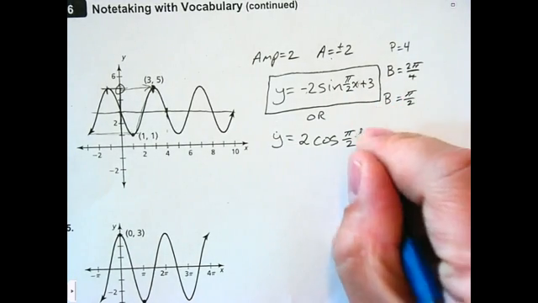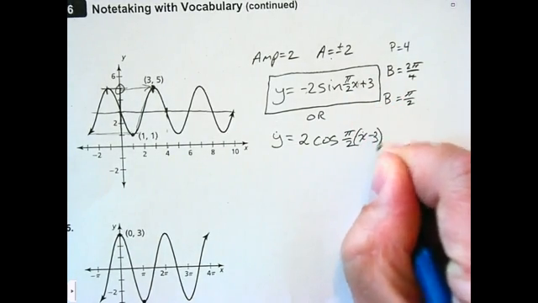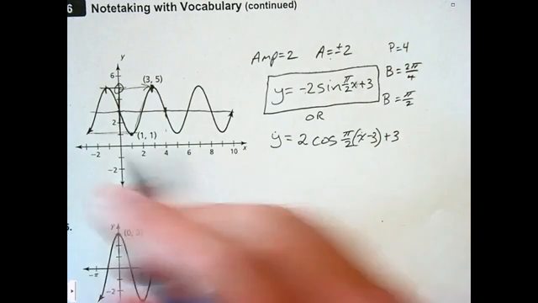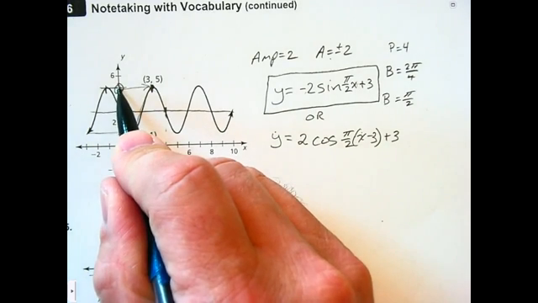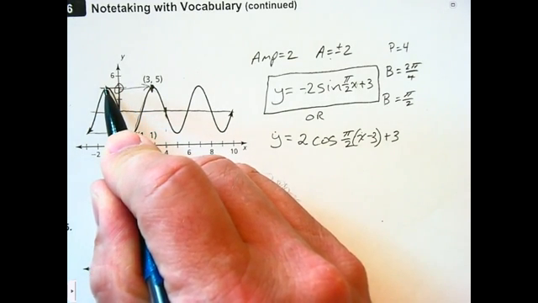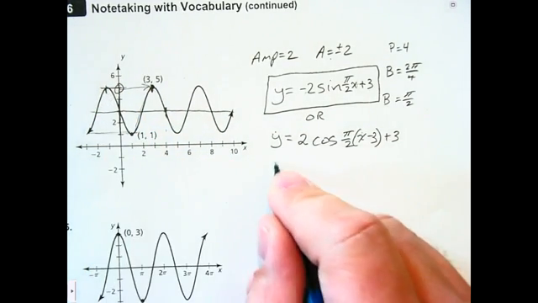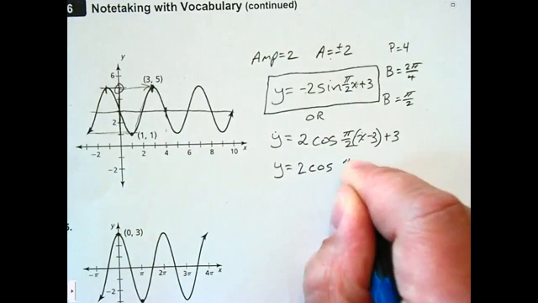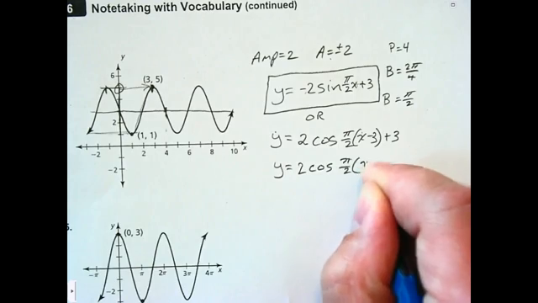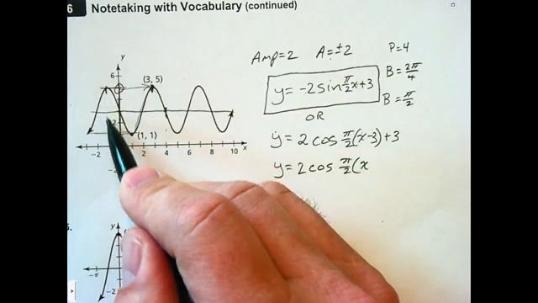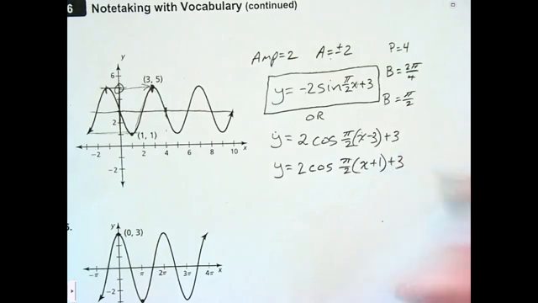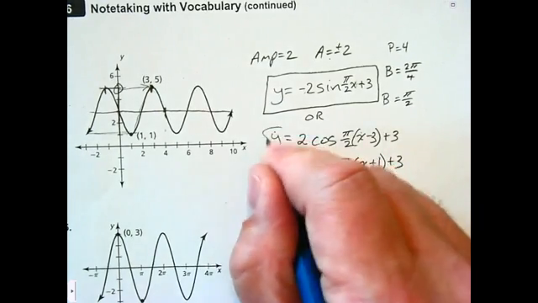So x minus 3, all plus 3. Or you could have said, if you move from here to there, that would be x plus 1, I think, isn't it? X plus 1.